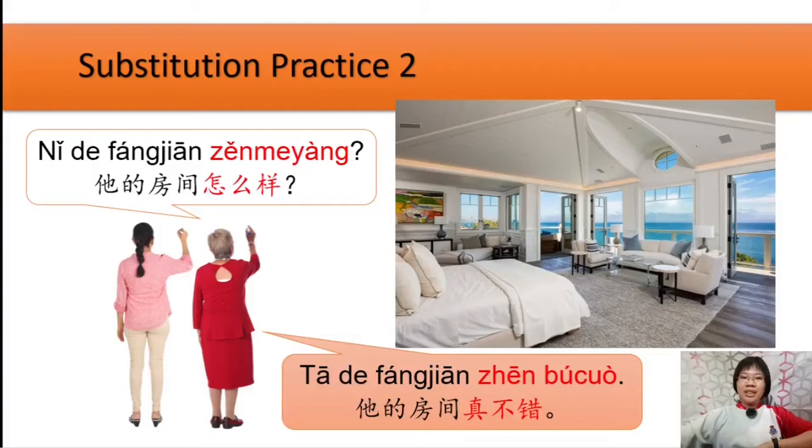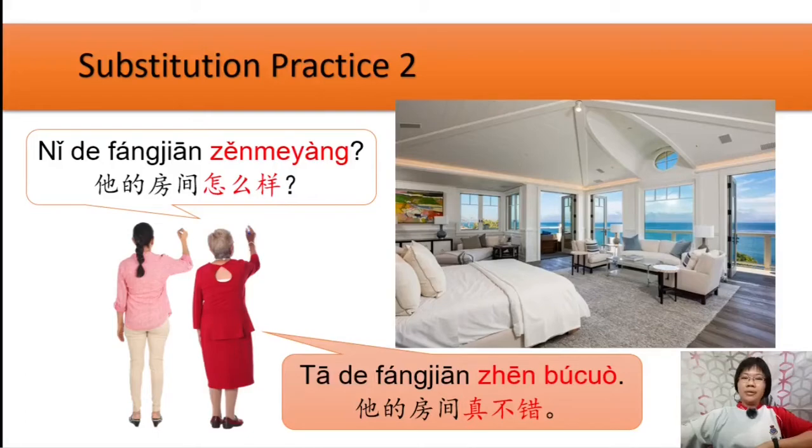In the previous lesson, I told you that the Chinese use an adverb before an adjective to describe things. In this case, we have the word 真. 真 means very.